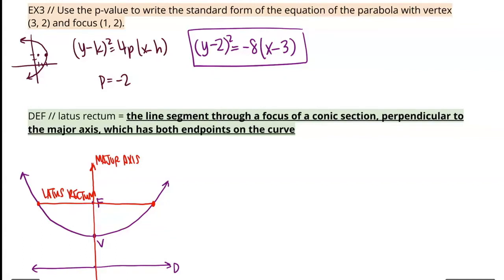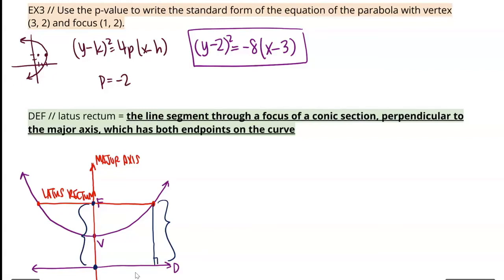And what's nice about this, I know that the distance from the focus to the directrix, because the latus rectum is parallel to the directrix, these segments are going to be congruent. This distance is equivalent to this distance, right?